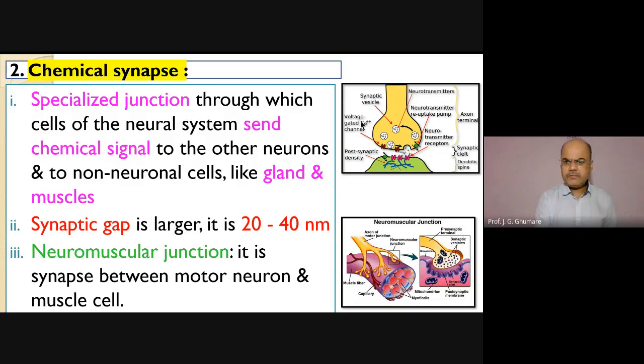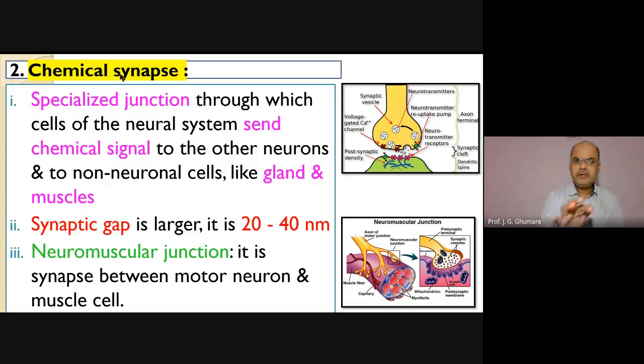Remember, we have two possibilities here. Either the synapse junction is between one neuron and another neuron, or it is between one end of a neuron and either a muscle or gland. These are specialized junctions through which the cell of a neural system sends a chemical signal, so the message is in the form of a chemical signal, to the other neuron or non-neuronal cell like glands or muscle.